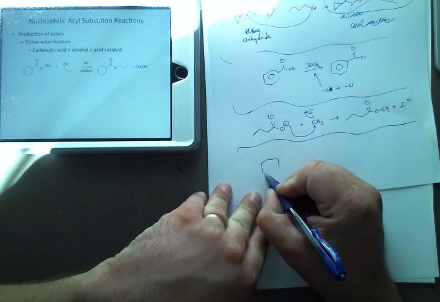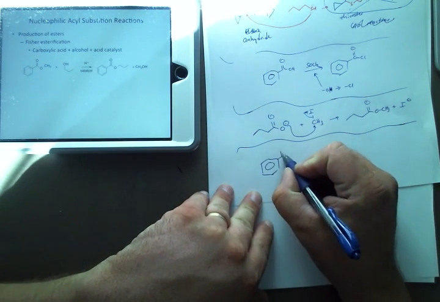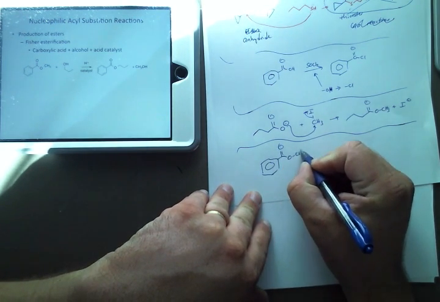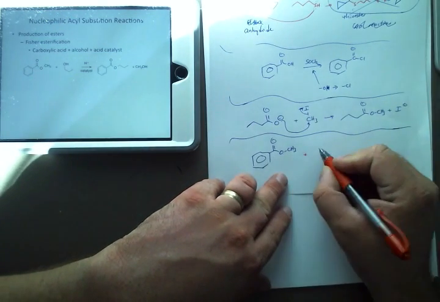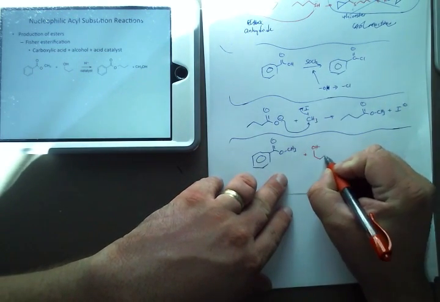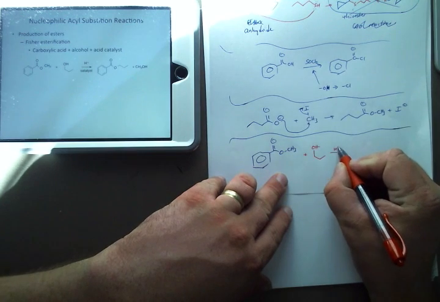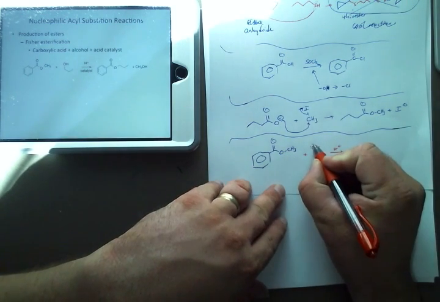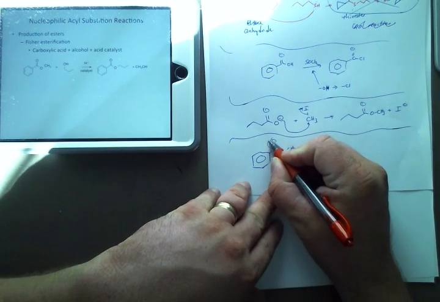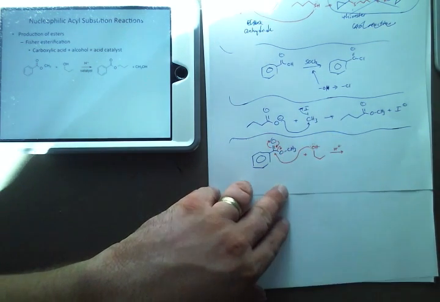So with that, let's say you want to swap this for a propyl group. You're going to end up needing H plus. You need to put a little bit of acid in here. But again, you have up, down, kick away.